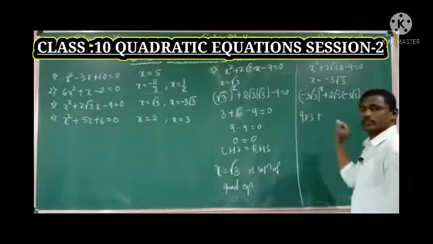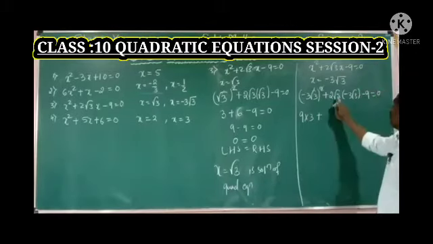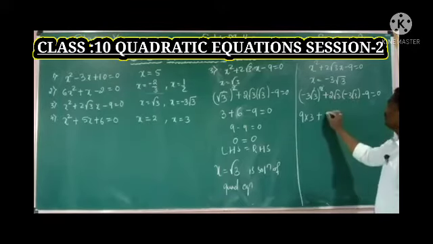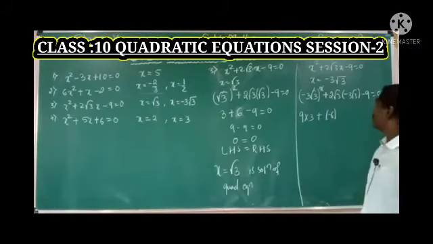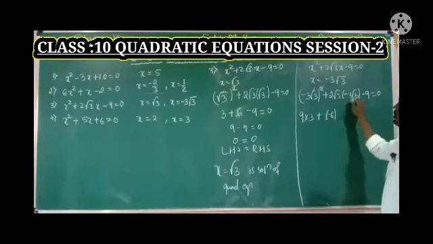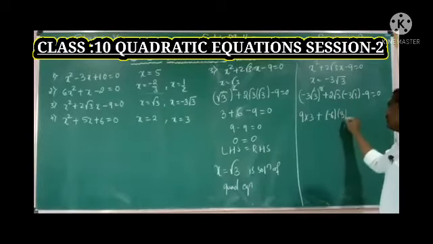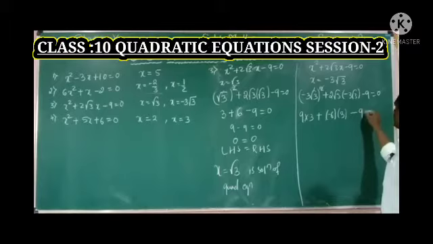What you are getting remaining? 3 plus 2 into minus 3, 2 3s are minus 6, minus 6 into root 3 into root 3, which is 3. Right? Minus 9 is equal to 0.